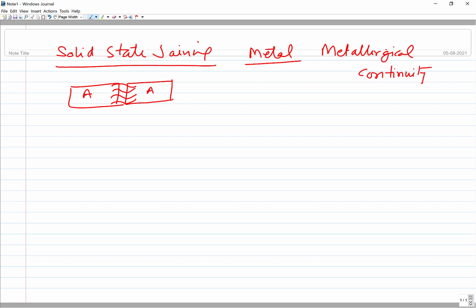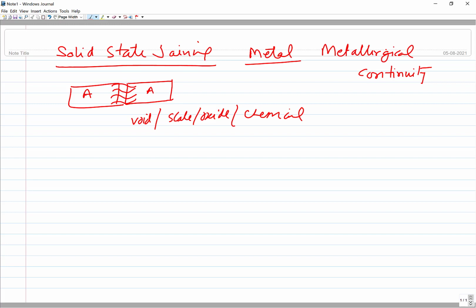There should not be any presence of voids, scale, oxide, or some kind of chemical. Wherever these are present, metallurgical continuity will be absent.